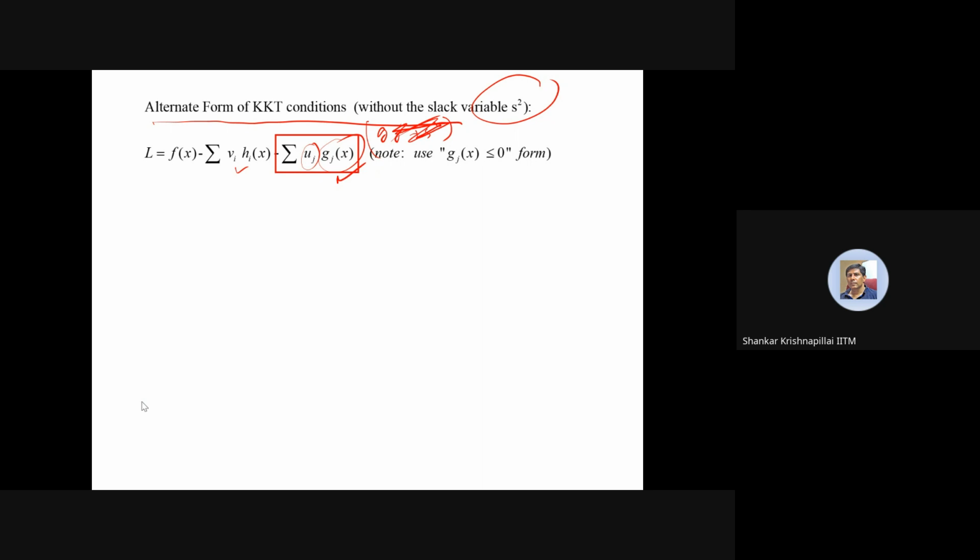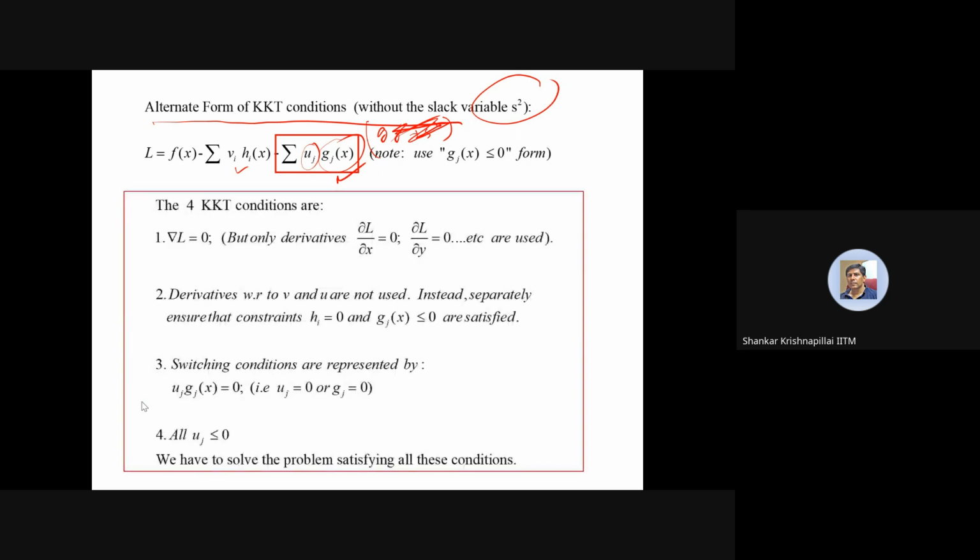So how do you use this approach? Now the four conditions are like this. First of all, you have to equate del L equal to 0 like the previous method, but only use these derivatives: partial L by partial x equal to 0, partial L by partial y equal to 0.